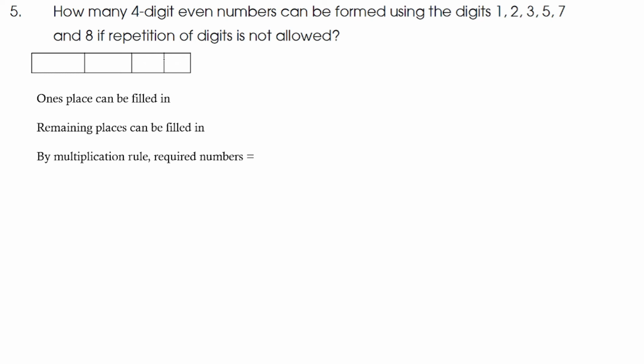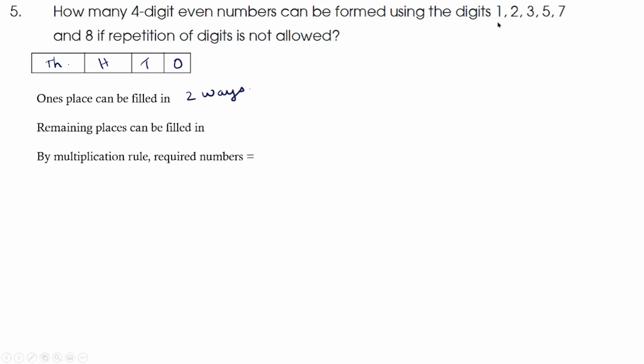The 4-digit numbers consist of ones, tens, hundreds and thousands place. Since we are concerned about even numbers, the ones place can be filled only using 2 and 8. Only then the number will be even. So the ones place can be filled in 2 ways.